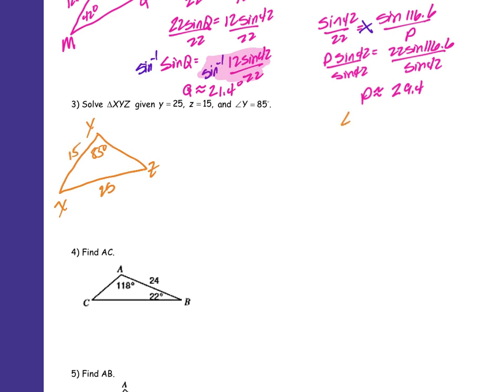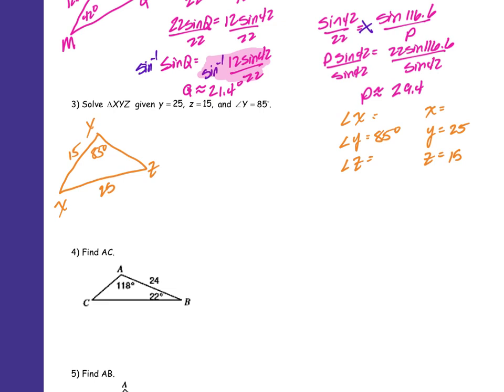So I have angle X, so angle Y is 85, side Y is 25, and side Z is 15. Okay, so I guess I'm going to find angle Z first.